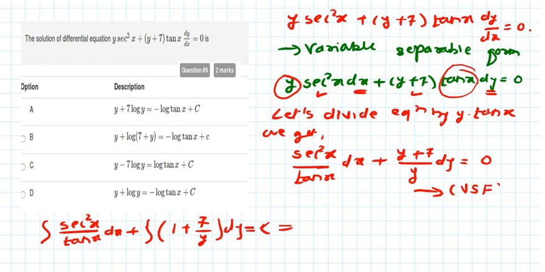The integration of sec square x upon tan x is log of tan x, plus integration of 1 with respect to y is y, plus 7 times integration of 1 by y with respect to y is log y, equal to c. If you observe this answer in the options, I think option number A is right. Yes, fine.